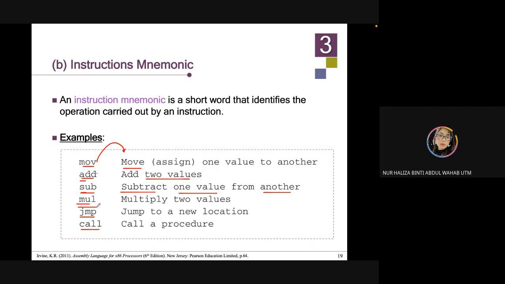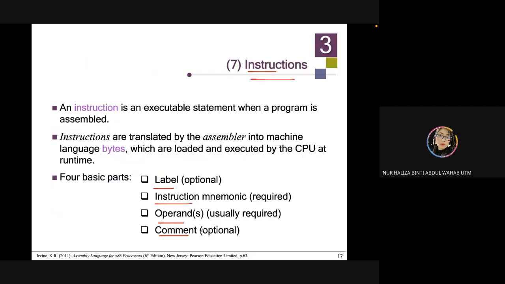And multiplication for MUL, you're going to multiply two values. And JMP, jump, which is you're going to go to a new location, jump directly to the certain place that you're going to call. And lastly, call for procedure. Whatever procedure that you have, you call it back. So that is the second thing in your instruction.